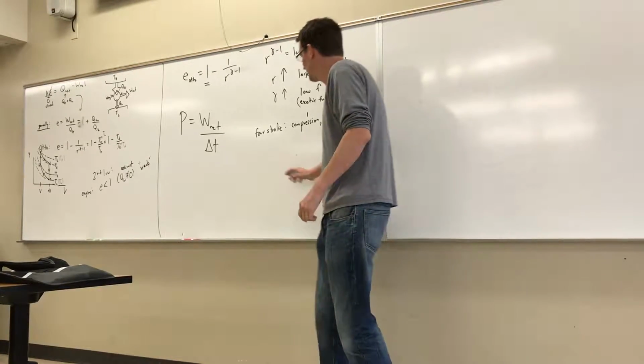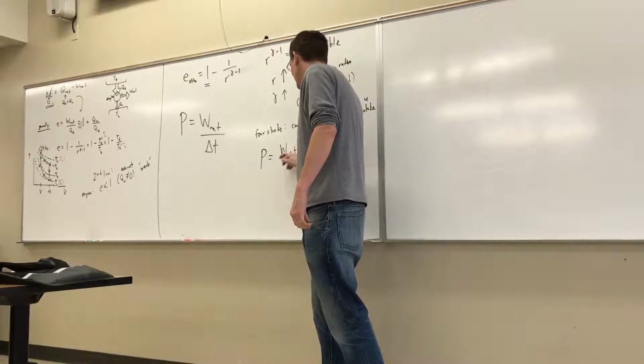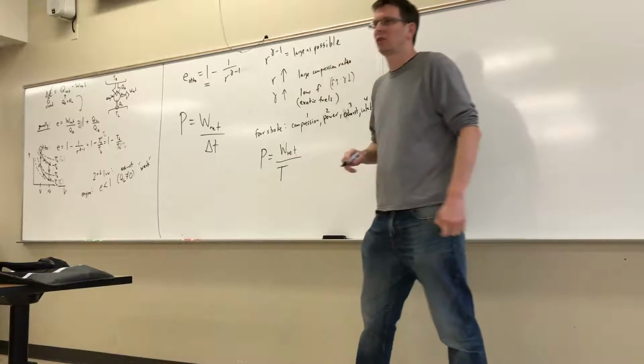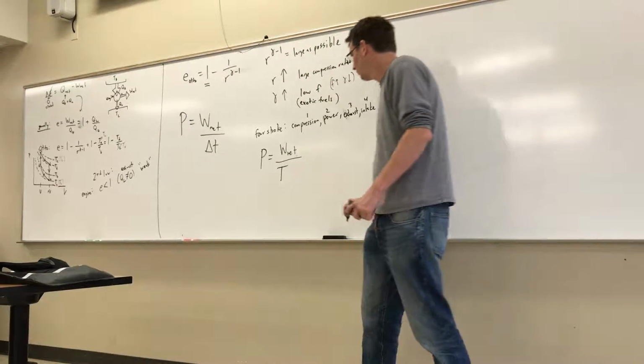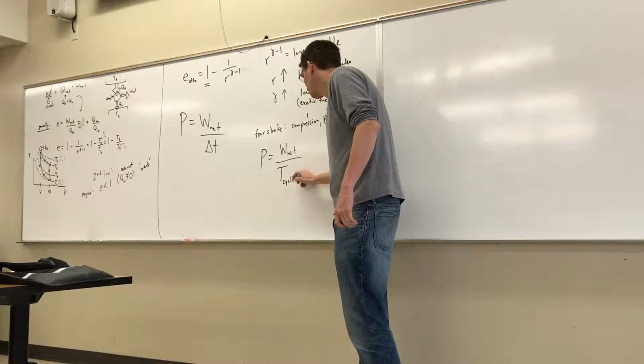And so if we were to calculate the power output, it would be the net work divided by the entire period, so I'll use capital T, of the thermodynamic cycle.